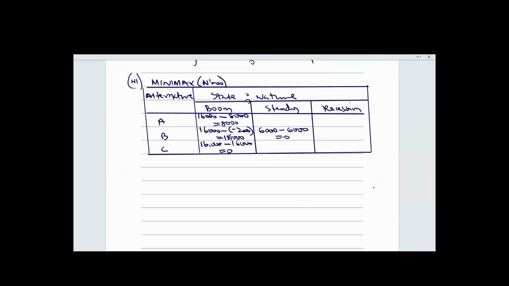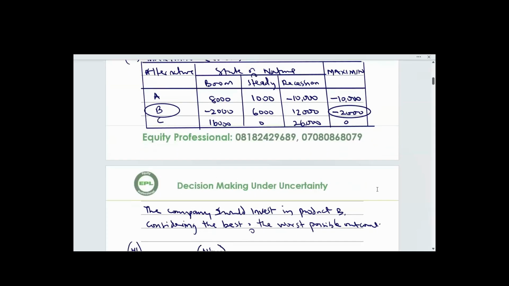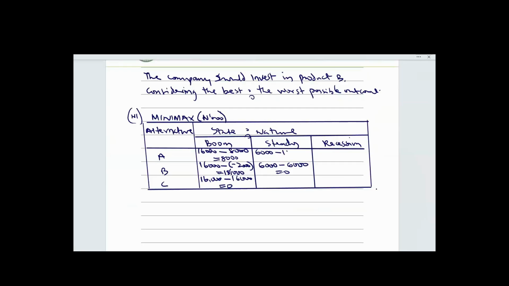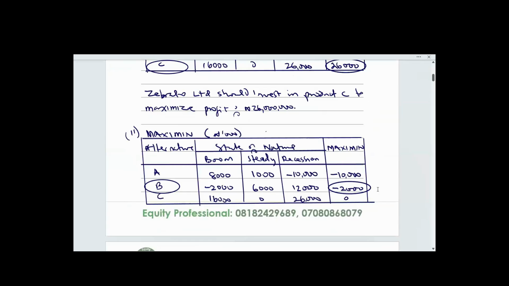Under alternative A, it will be 6,000 minus 1,000 equal to 5,000. Then 6,000 minus 0 equal to 6,000. Then under recession, highest figure is 26,000.